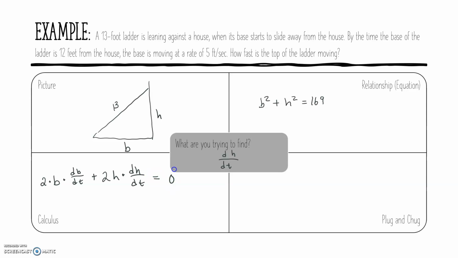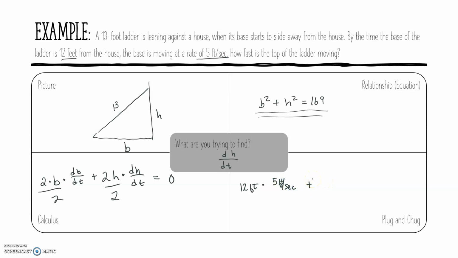Now we're going to plug and chug. This is an example of one where we might need to use this relationship in order to get a value. I'm going to divide both sides of this by 2 so that I don't have to deal with those 2's. So b, the base of the ladder, is 12 feet from the house, so 12 feet times db dt. The base is moving at a rate of 5 feet per second, plus h.